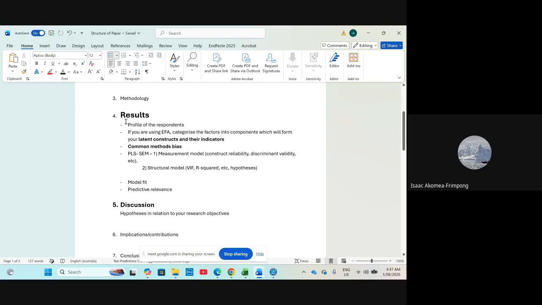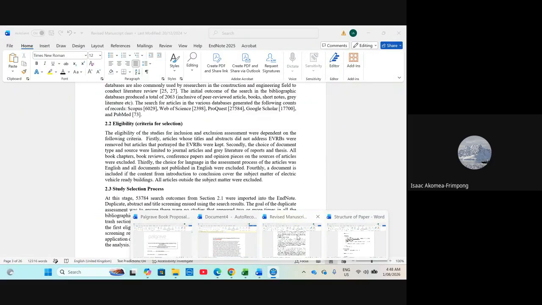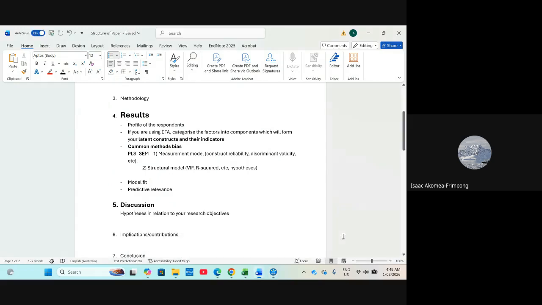And normally in the results section, you don't give too much interpretation. You help us to know what the results stand for, what the results are. So for example, this diagram, if I copy this diagram and put it in my results section, I can just briefly interpret it and explain what this result is about. Okay, so that's what you do in the results section.